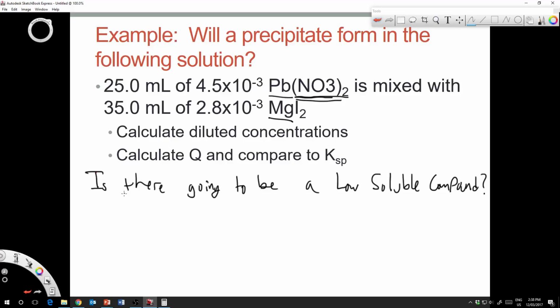So the only other option then is we check if PbI2 is soluble. Okay, that's the only other option we have. And why is that the only other option we have? Well, if you think back to Science 10, where we talked about double replacement reactions, this is a double replacement reaction.